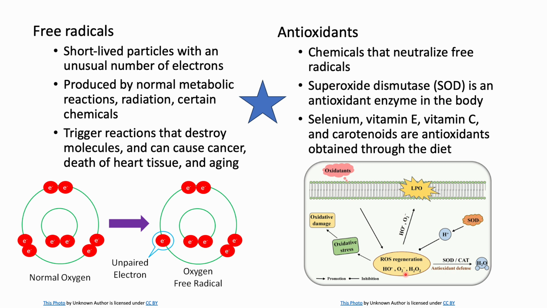So if we naturally produce free radicals, how does our body get rid of those free radicals? Through antioxidants. Antioxidants are chemicals that neutralize free radicals. An example of such an antioxidant is superoxide dismutase. So here we are generating free radicals.